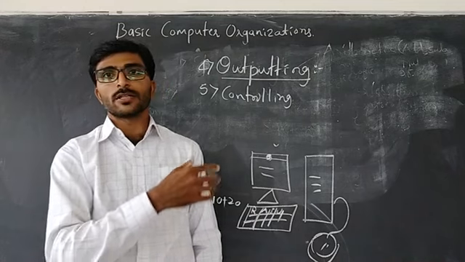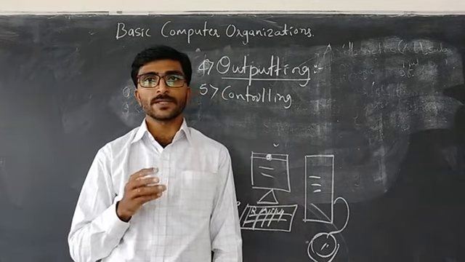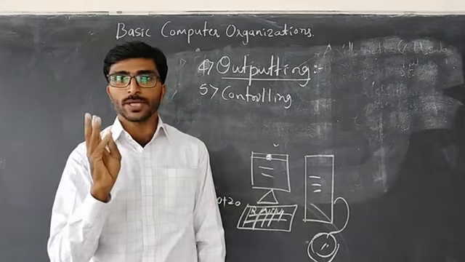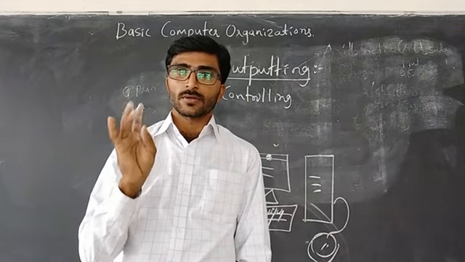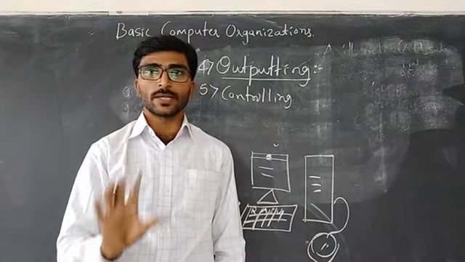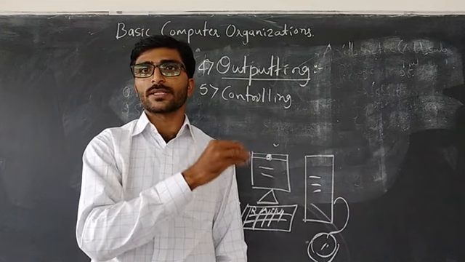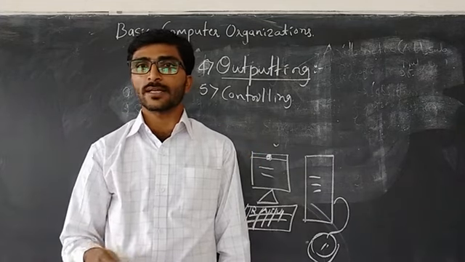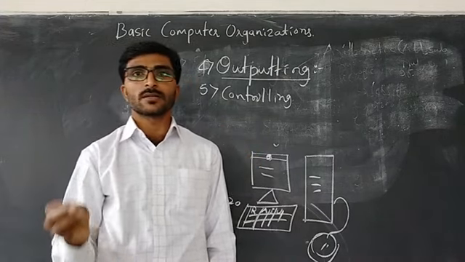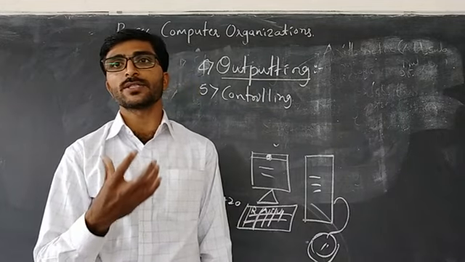The functions of computers: there are five functions. Inputting, storing, processing, outputting and controlling. These come under the basic organization of computers. In the next class we are going to discuss the structure of computer, how it is organized.